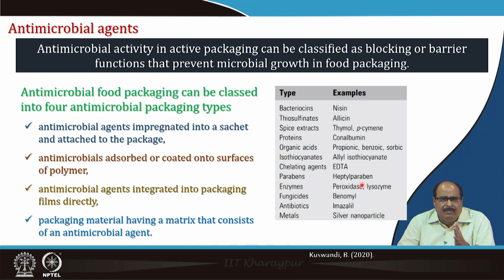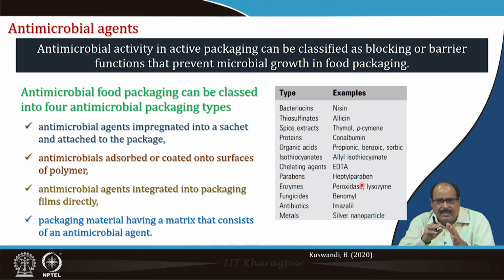Antimicrobial food packaging can be classed into 4 antimicrobial packaging types, where antimicrobial agents are impregnated into a sachet and attached to the packet, or antimicrobials are absorbed or coated onto the surface of the polymer.